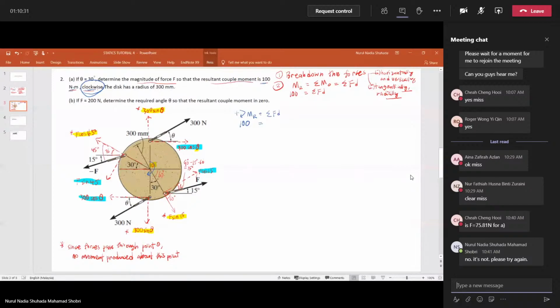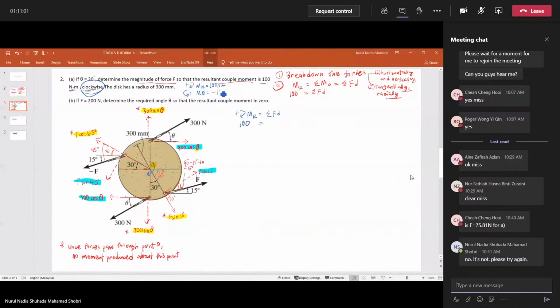Since it mentioned 100 is clockwise, clockwise should be 100 Newton positive. But if you define the direction to be anti-clockwise, then the value should be negative 100.